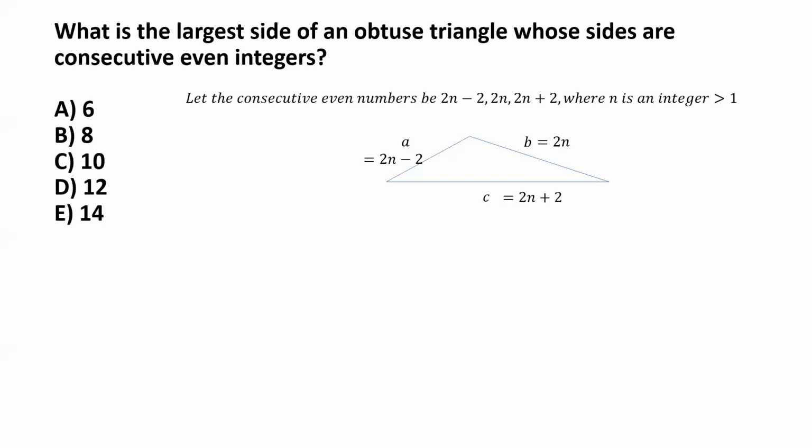The difference is that instead of an equation, it's an inequality. And that inequality states that the sum of the squares of the two shorter sides of an obtuse triangle should be less than the square of the longest side. So in this case, a square plus b square should be less than c square. So this is an inequality that's special for obtuse triangles.